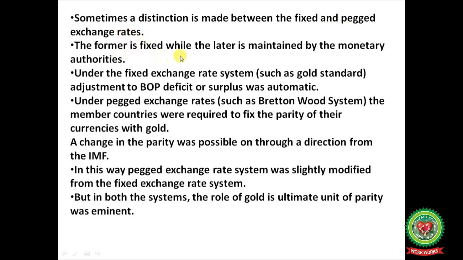The former is fixed, while the latter is maintained by the monetary authorities, that is the IMF. Under the fixed exchange rate system such as the gold standard, adjustment to the balance of payment deficit or surplus was automatic. Any kind of surplus or deficit in trade was automatically adjusted under the gold standard system.